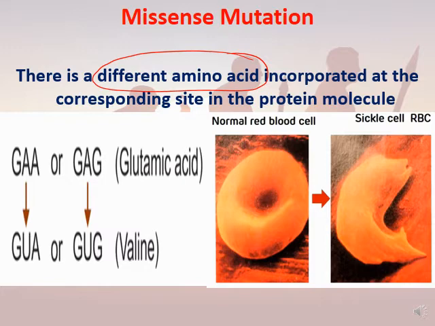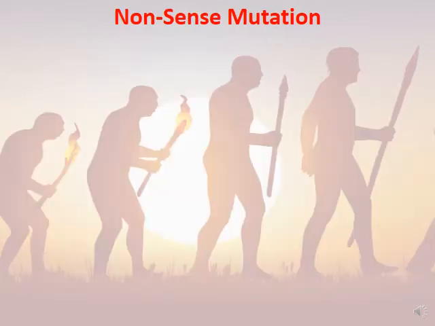The sickle cell is due to one of these nucleotides changing, where GAA to GUA or GAG to GUG, changing the amino acid from glutamic acid to valine. So this will lead to the appearance of sickle cell red blood cells with the sickle shape. So this is the effect of the missense mutation.